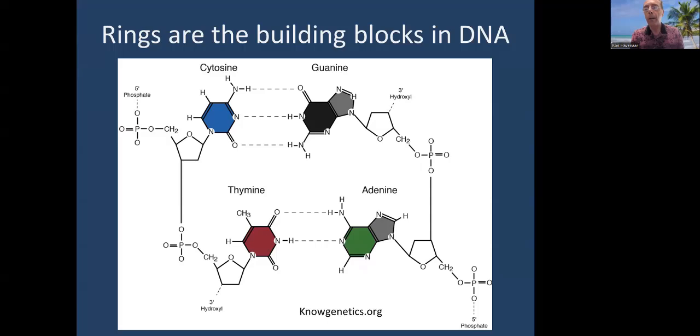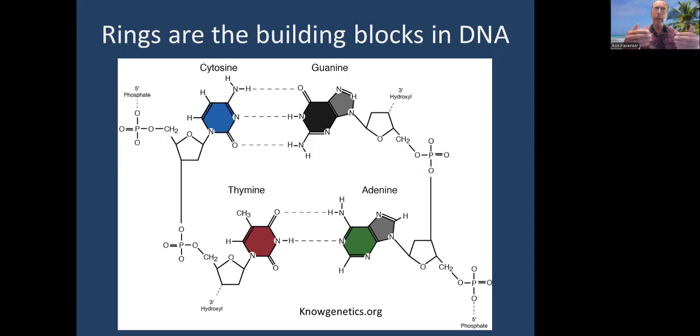And why is DNA so affected by an electromagnetic force? Because it is built up of all those individual rings. You see here cytosine, guanine, thymine, and adenine, which are the building blocks of the DNA. And the building blocks are held together by the hydrogen bridges, the dotted lines.